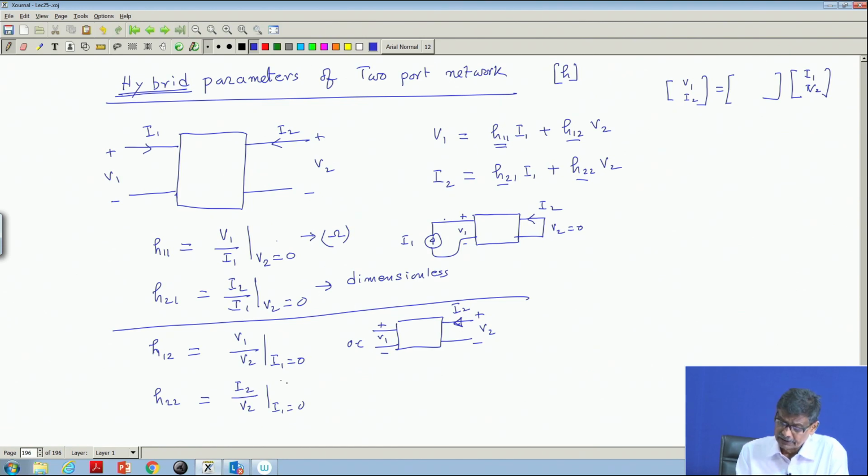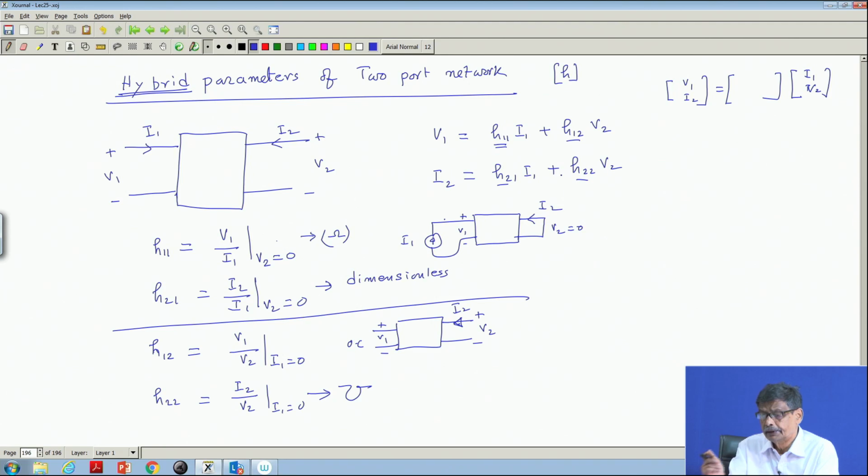This is not a dimensionless quantity, it is mho, conductance, 1 over ohm. Therefore, you see it is a mixed up thing, all the parameter values are not having same dimensions, sometimes current gain, sometimes voltage gain and so on, but nonetheless it can be done.